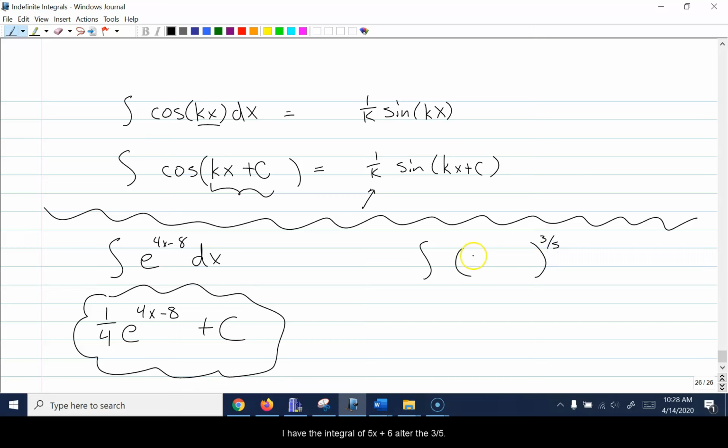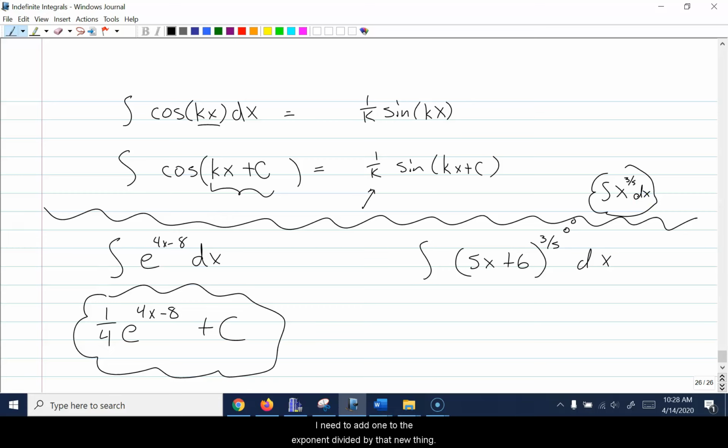If I have the integral of 5x plus 6 all to the 3/5, well, this is basically like the integral of x to the 3/5. I need to add 1 to the exponent and divide by that new thing. The place where I'm off is the derivative of this is going to be a 5. When I take the derivative, the chain rule is going to poop out a 5. I need to fix that with a 1/5.